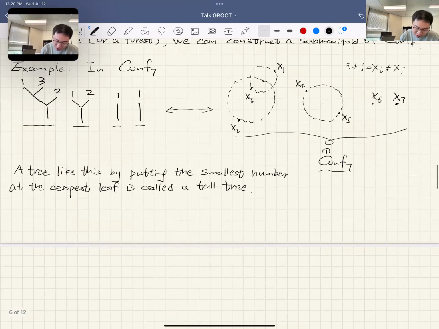And a tall forest is a disjoint union of tall trees.